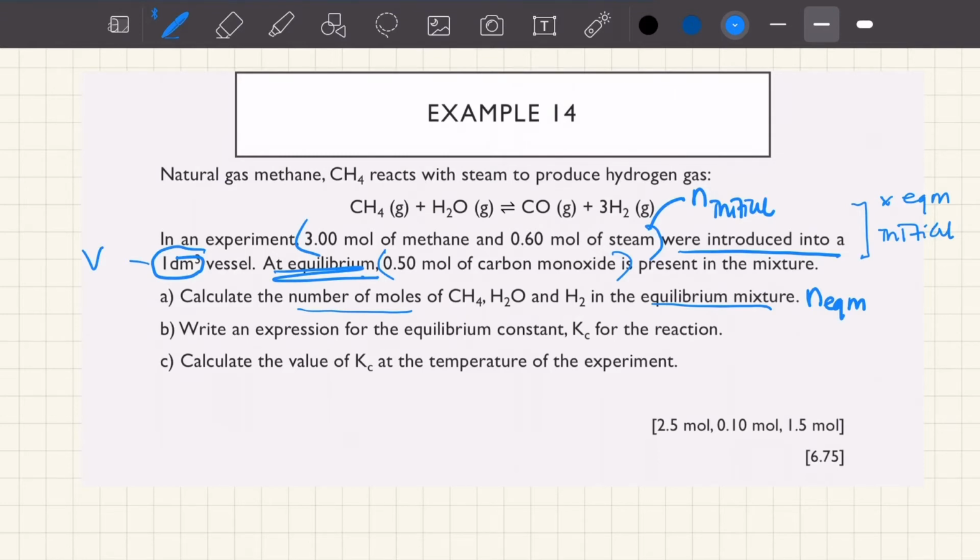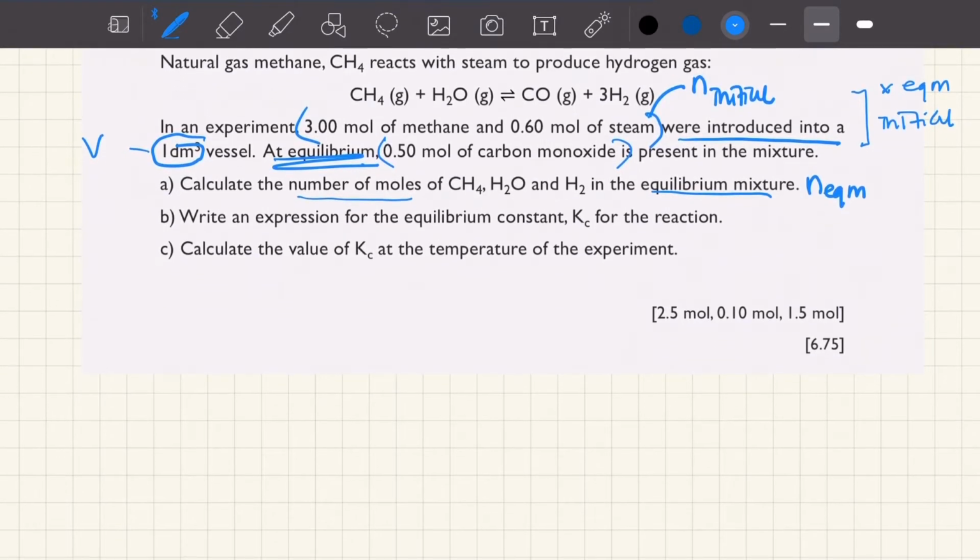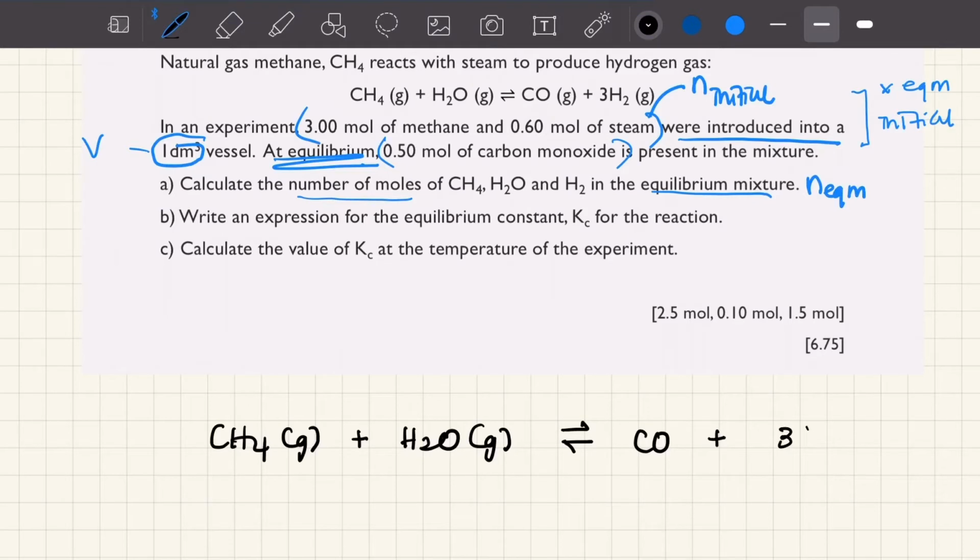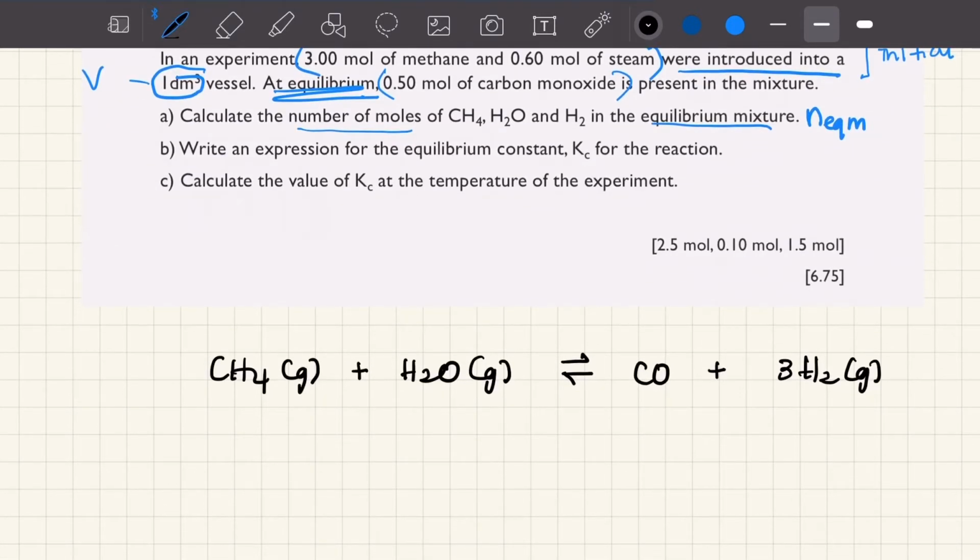Now I'm going to show you how to use the ICE table. First, you're going to write down your reversible reaction equation. So you have CH4 gas plus H2O gas, in equilibrium with CO plus 3H2 gas. And then I'm going to bring down the CO and 3H2, to be proper.